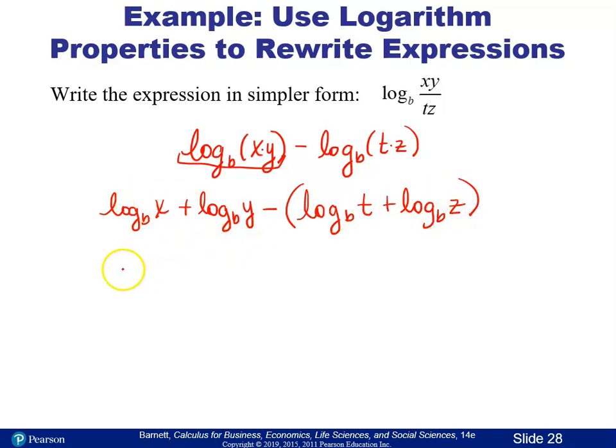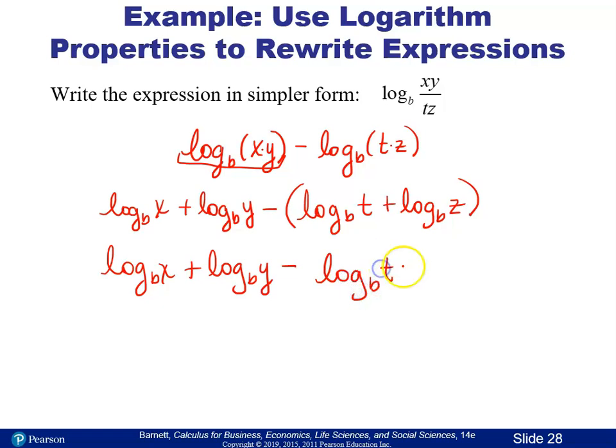And you can either leave it like that or you can go ahead and distribute that negative. So we would have minus log base b of t and then minus log base b of z. So that would be it in its simpler form.